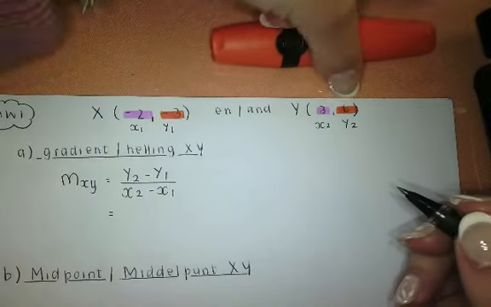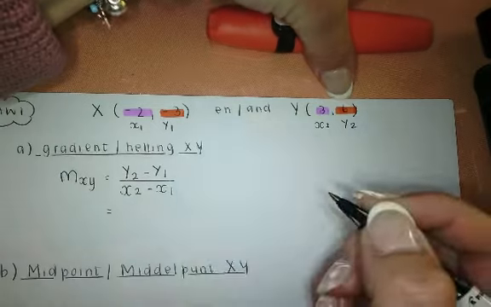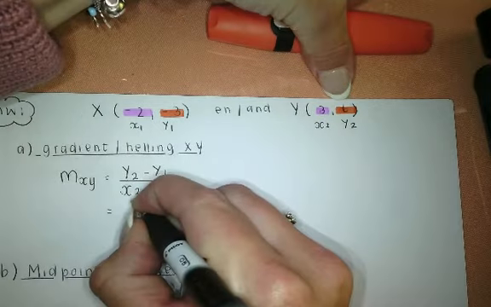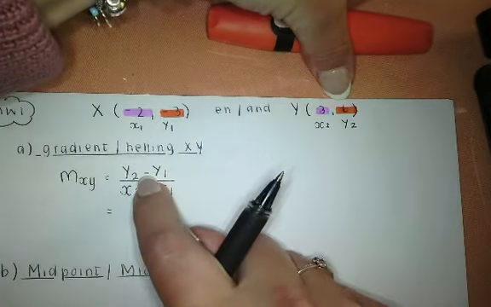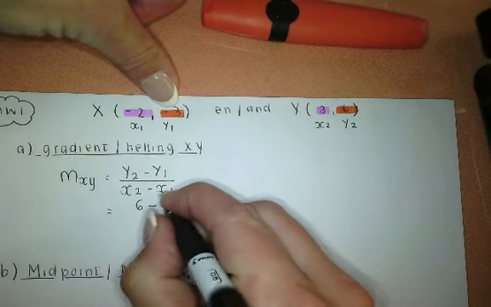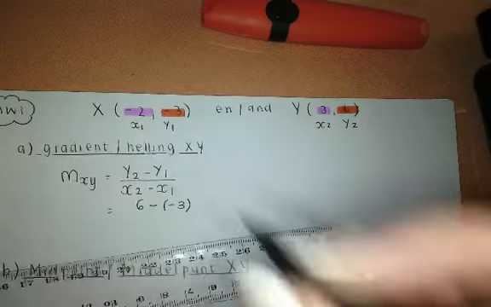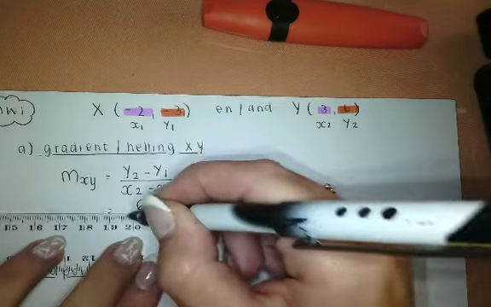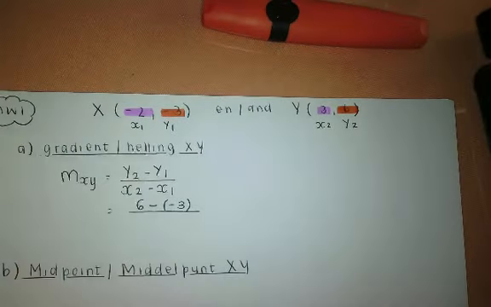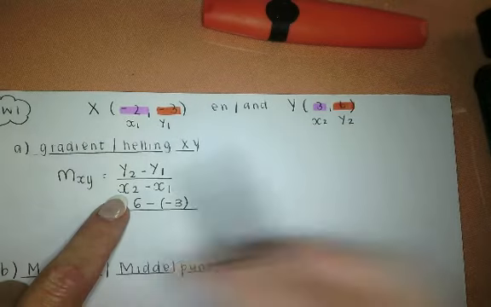So what is my value for y2? 6. You guys need to focus. So 6 minus, from the formula, but what is my y1's value? We need to bracket this. Then x2.